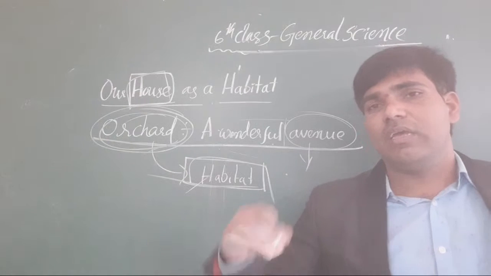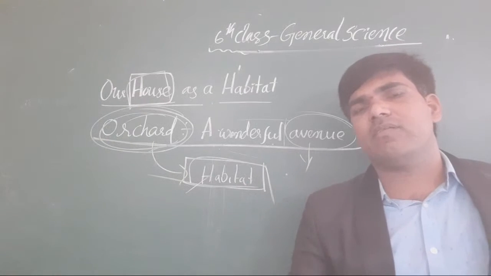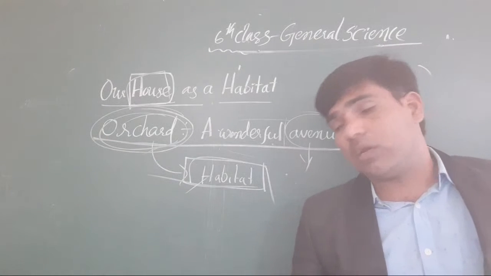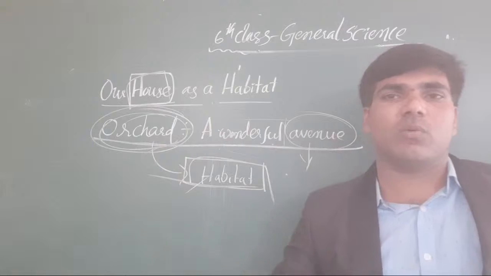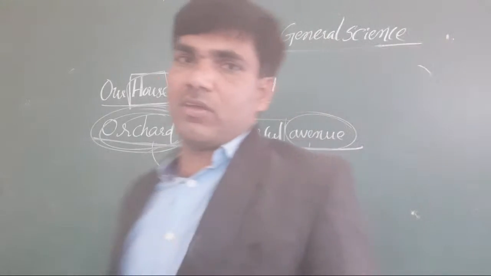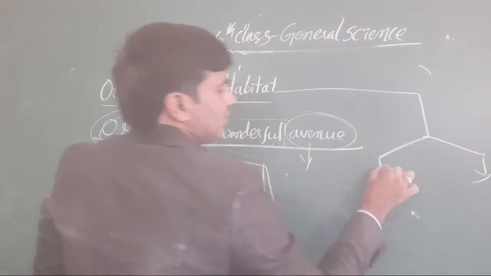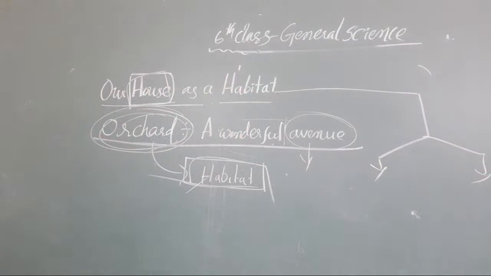Next, our habitats are divided mainly into two types now. One is aquatic habitats, another one is terrestrial habitats. Habitats are classified into how many types mainly? It is classified into mainly two types.